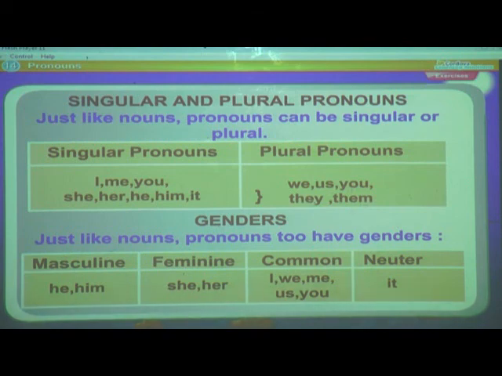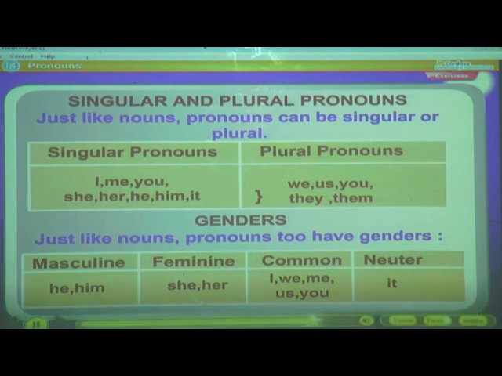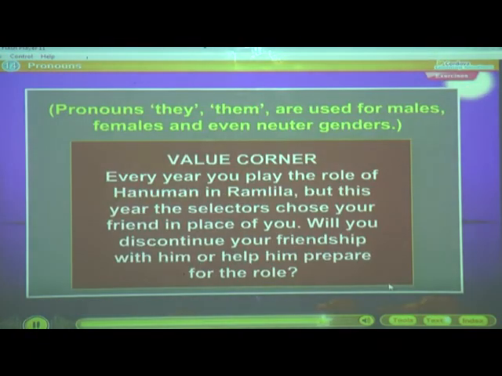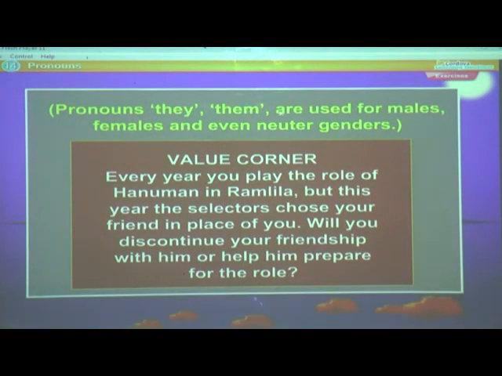Genders. Just like nouns, pronouns do have genders. Masculine: he, him. Feminine: she, her. Common: I, we, me, us, you. Neuter: it. Pronouns they, them are used for males, females, and even neuter genders.